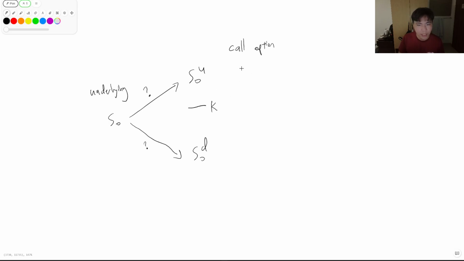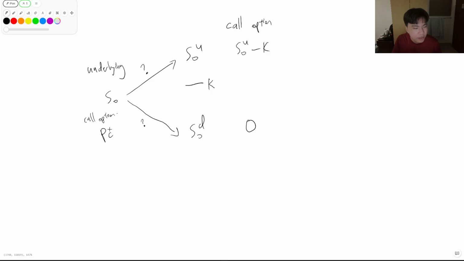In the case where it upticks, the strike price is lower than the value, so the call option pays out. The payoff is S naught U minus K. In the case where it downticks, it expires out of the money, so the payoff is zero. Now we're tasked to find the fair value of the call option.